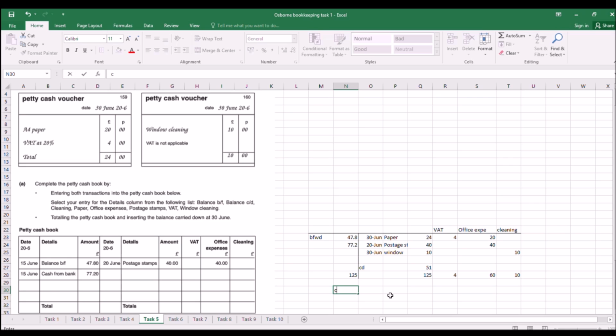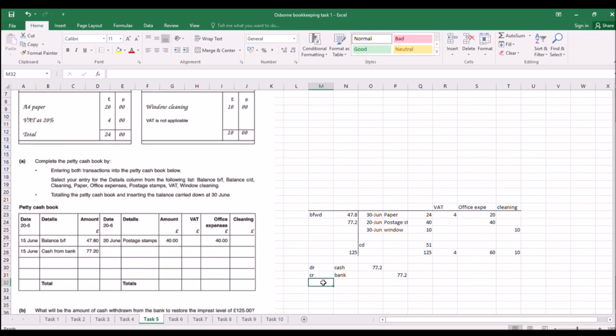So what we're going to post is petty cash: debit the petty cash one, £77.20, and there'll be a credit the bank, £77.20. That's where this money is coming in here.